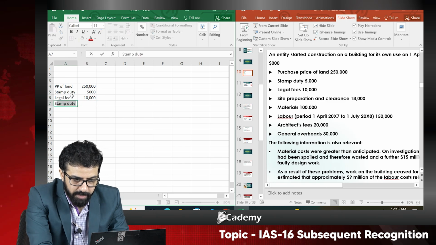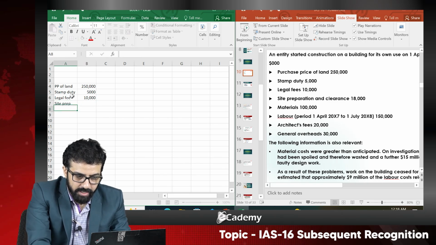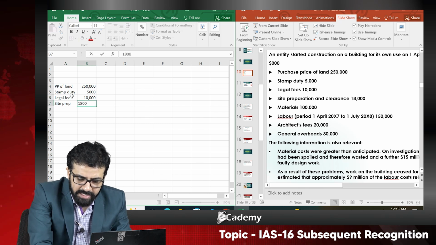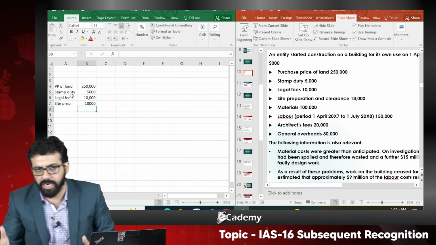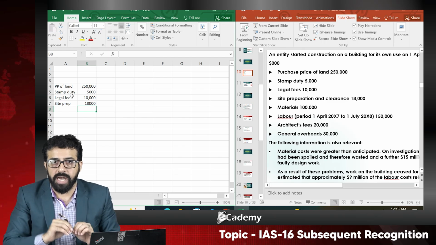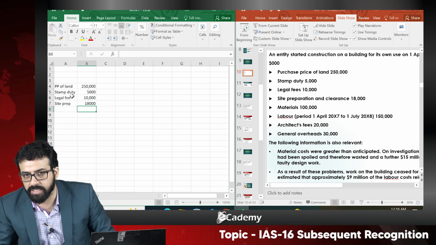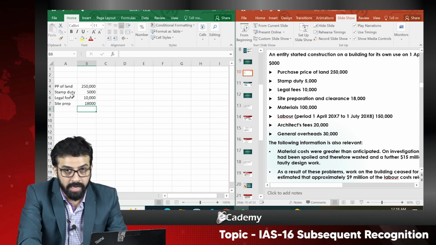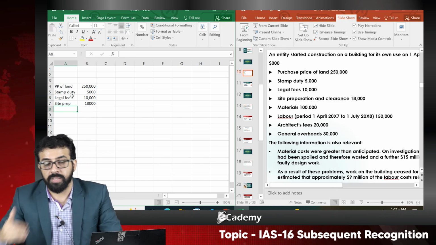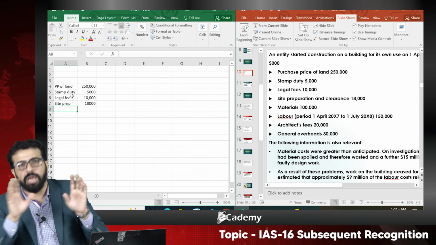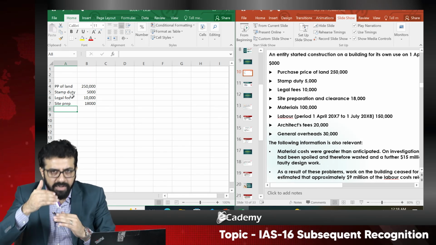Next is site preparation. We will definitely take this into account. These are some of the list that has been laid out in IAS 16 for the purpose of understanding. So any cost that is laid down in IAS 16 would definitely be taken into account in the components of cost, unless the other information given says otherwise. So we are skipping material because the material is linked with some other information.